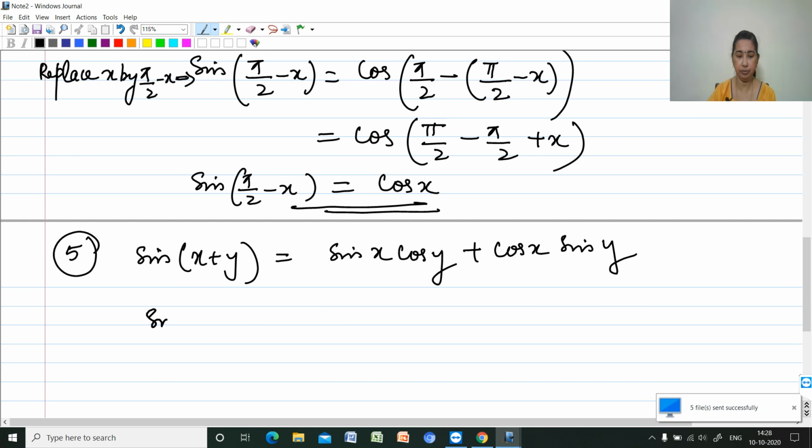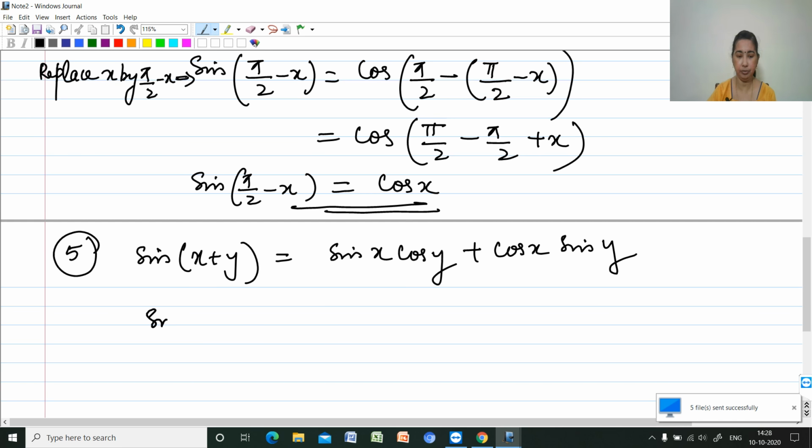And that is equal to, there we have already studied the result: sin x is equal to cos of pi by 2 minus x.